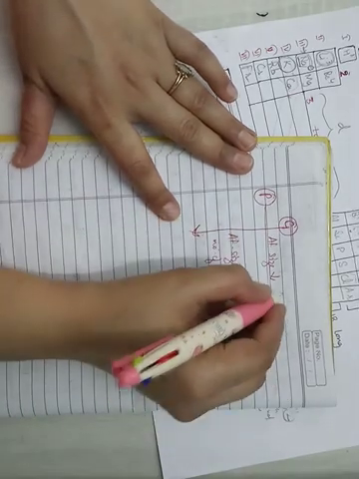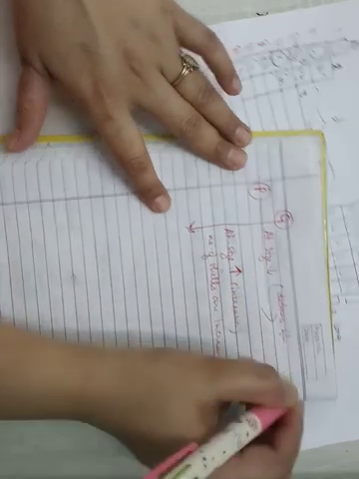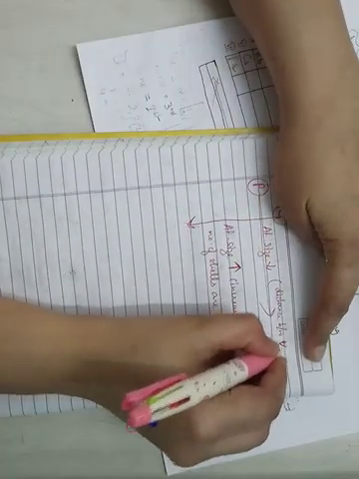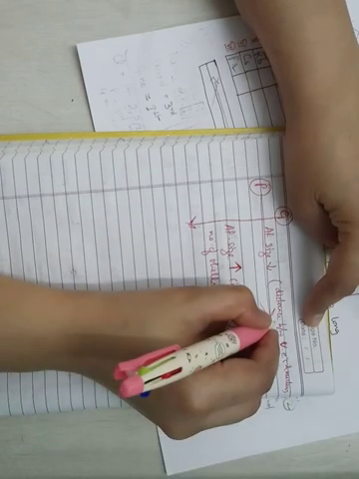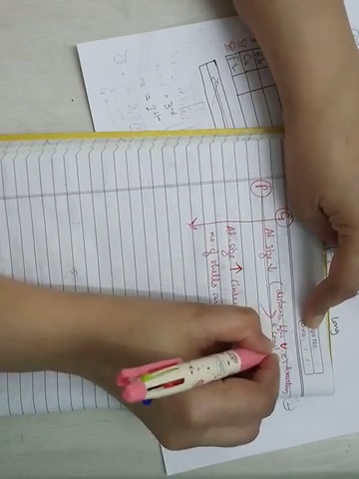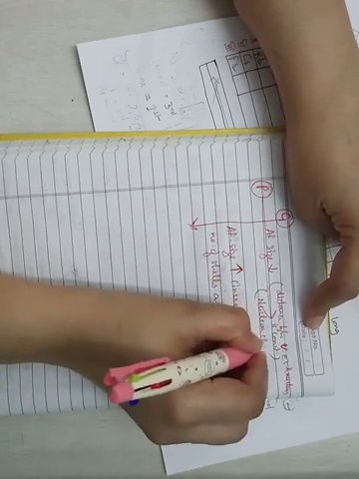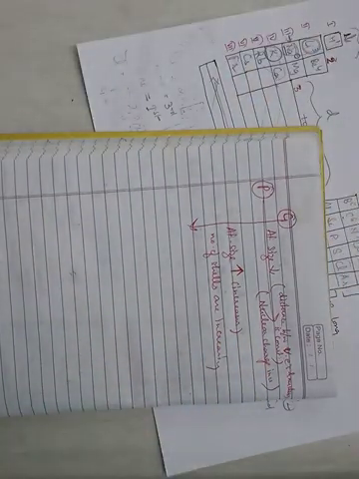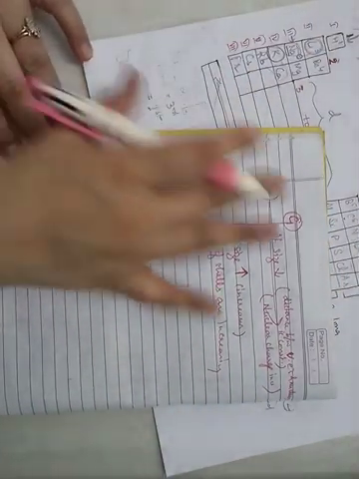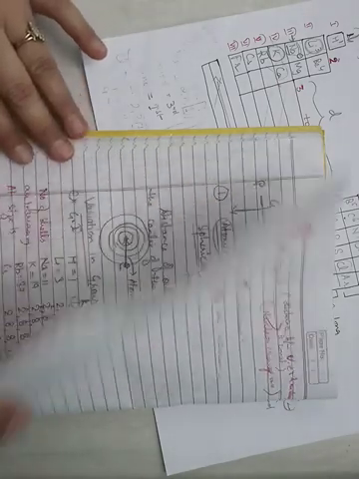And why decreases? Because the distance between valence electrons and nucleus is constant, while nuclear charge increases.